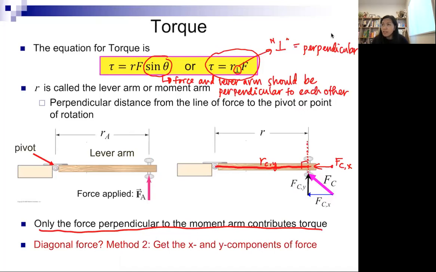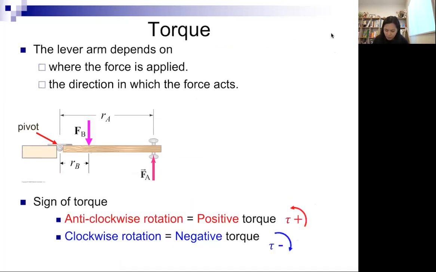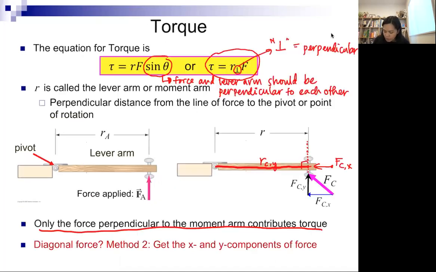So we can see there the lever arm also depends on where the force is applied. If the force is applied perpendicularly to your object, then you have the full maximum lever arm. If your force is applied parallel to this object that's supposed to rotate, then your lever arm is 0.